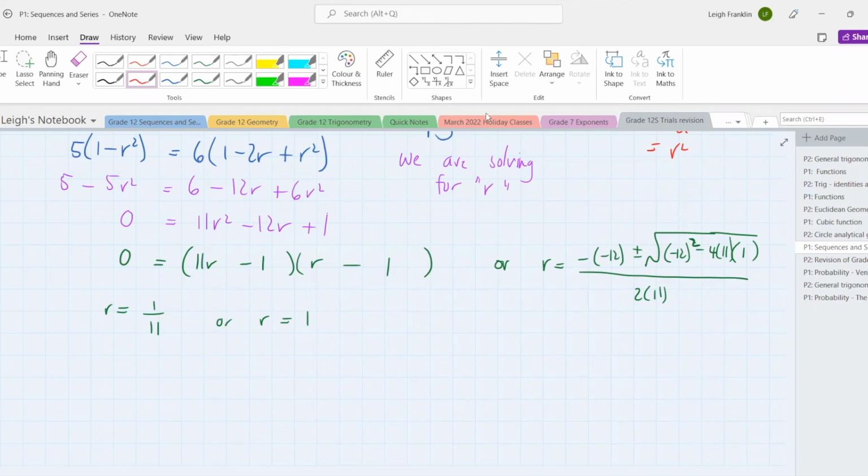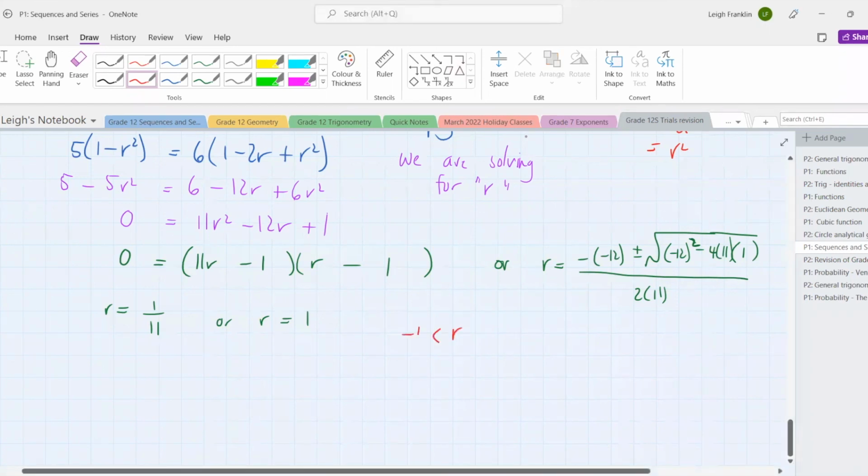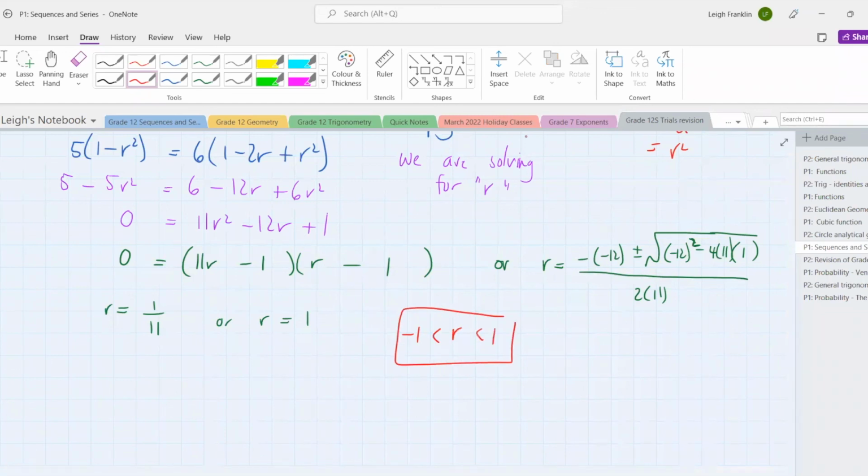Exactly, it's not allowed. So in other words, for the series to converge, r has to be a value between -1 and 1. That means that r cannot be 1. So r is going to be 1 over 11 only.